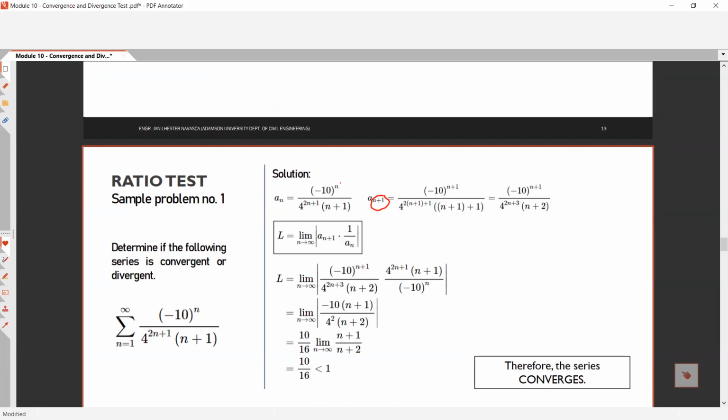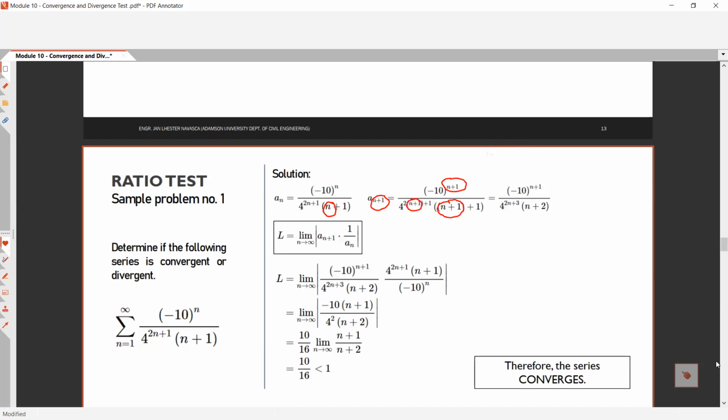So therefore this will be n plus 1, 2 times n plus 1 plus 1, and this one will be n plus 1. Ganun lang. Gagawin mo lang is substitute mo yung value of n to be n plus 1. Yun yung gagawin mo.